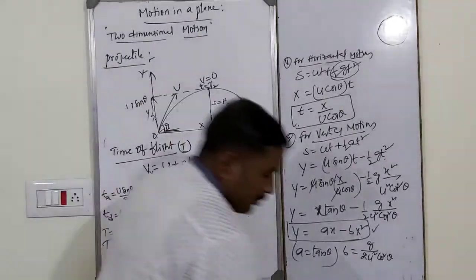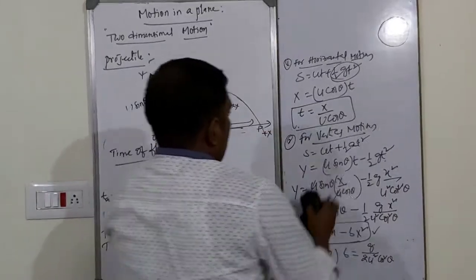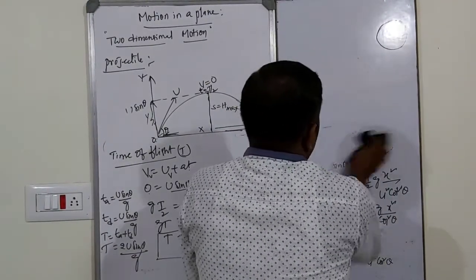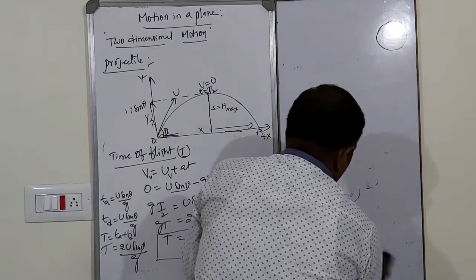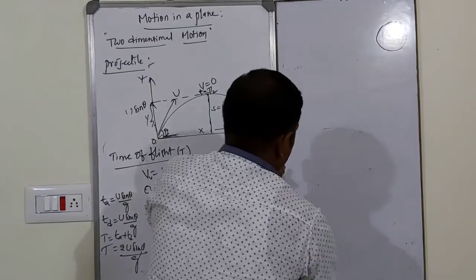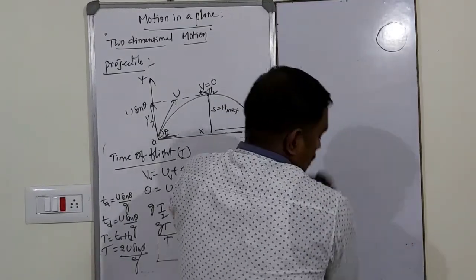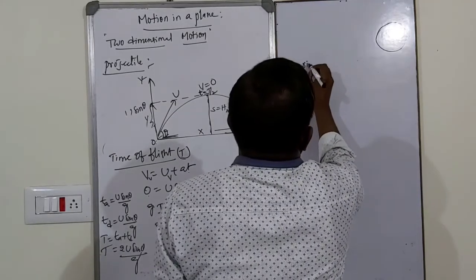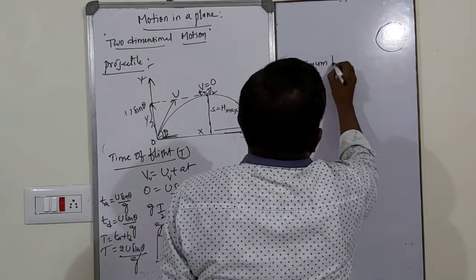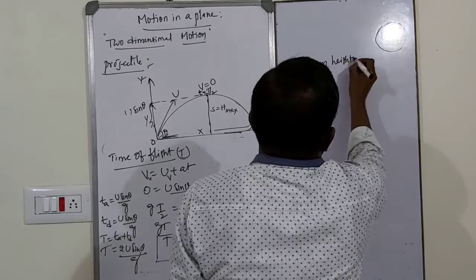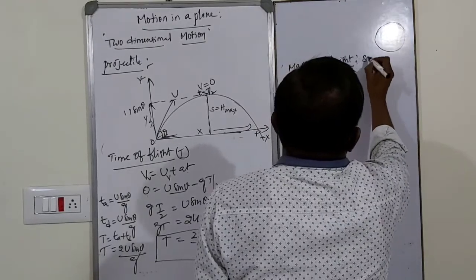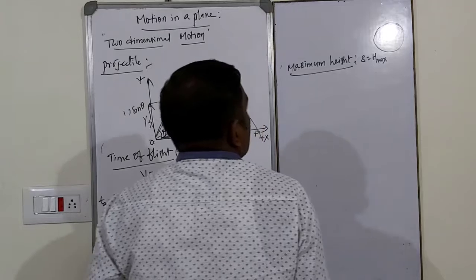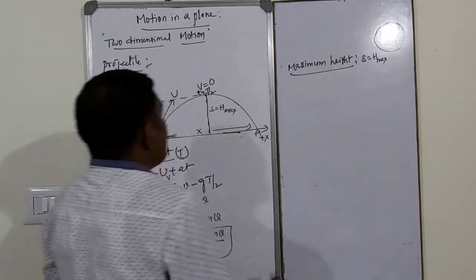Okay. Now, next one is maximum height. Expression for maximum height. S is equal to H maxima. Then dear students, at maximum height, what is the final velocity?